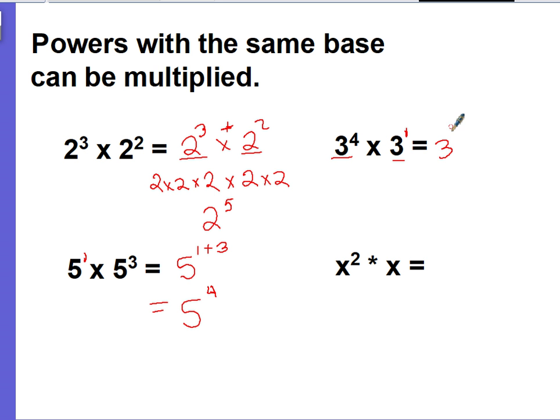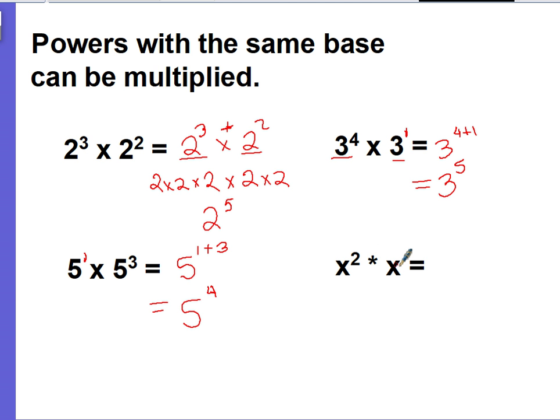So that's 3 to the 4 plus 1, which is 3 to the fifth power. We're not concerned right now with finding the final numerical answers, but we should know that if we're multiplying powers with the same base, I can add the exponents, and that's another way to express these expressions.